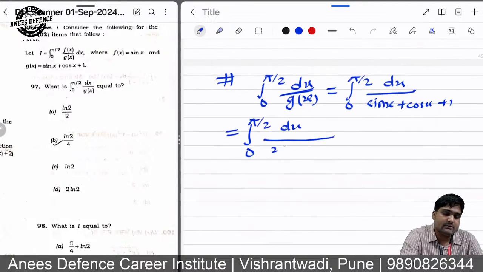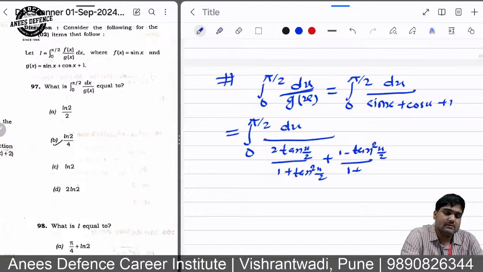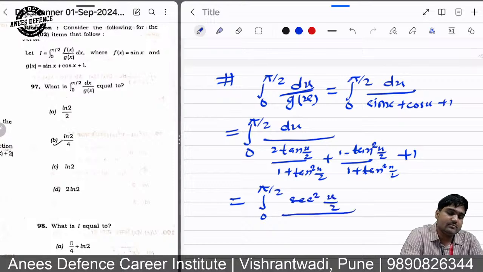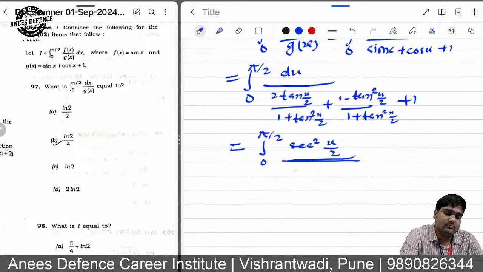So sin x is 2 tan x by 2 upon 1 plus tan square x by 2, cos x is 1 minus tan square x by 2 upon 1 plus tan square x by 2, plus 1. If I take the LCM, 1 plus tan square x by 2 comes in the numerator, which is secant square x by 2. In the denominator part, it's 2 tan x by 2 plus 1.